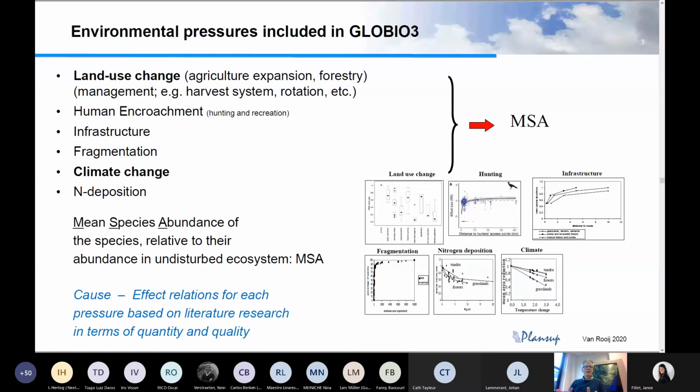So these cause-effect relations do not have to be calculated again. This is already known, and it is being used as a kind of standard definition for all types of land use, for instance. And Katie already mentioned it, and they were focusing on one pressure. And as you can see, GloBio focuses on multiple pressures.